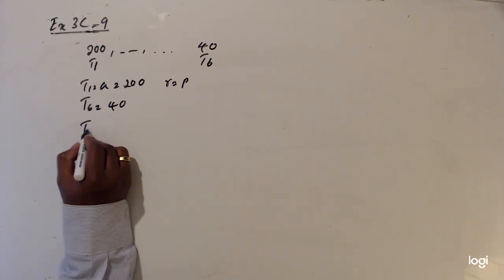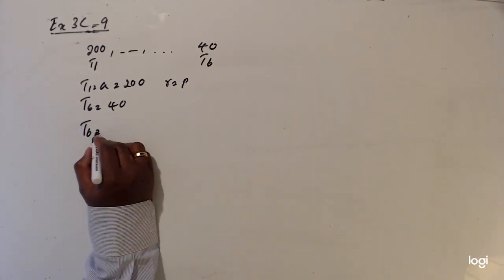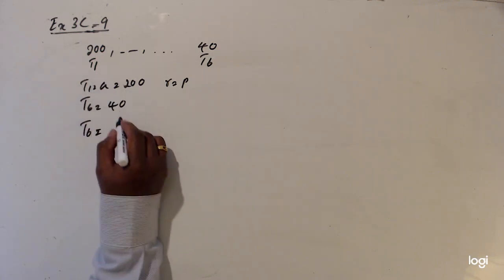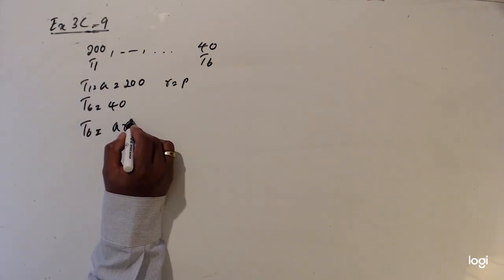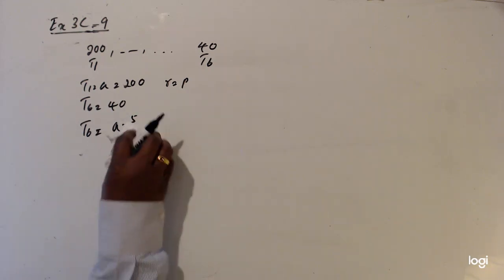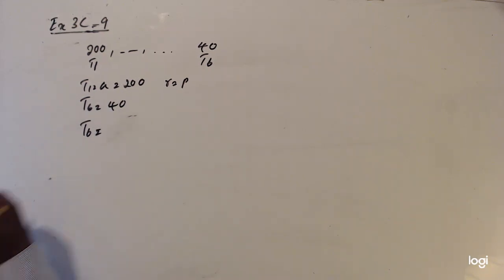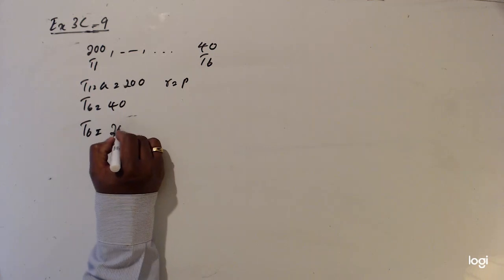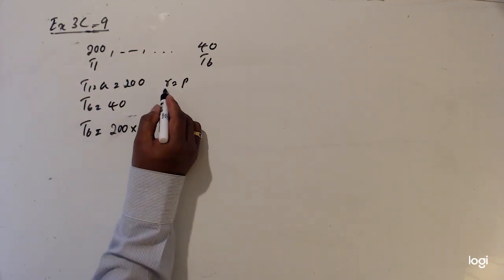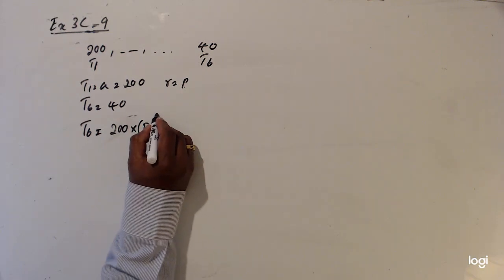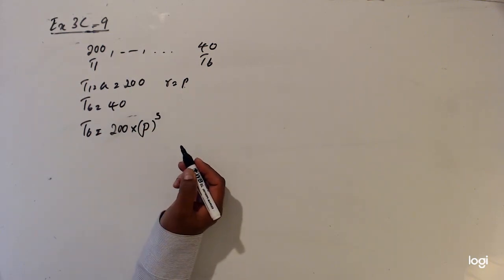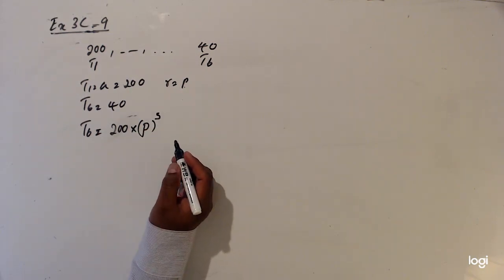So T6 we can write, with first term A, usually as A R to the power 5. Here the A value we know is 200 and the R value is P, with the power 5.